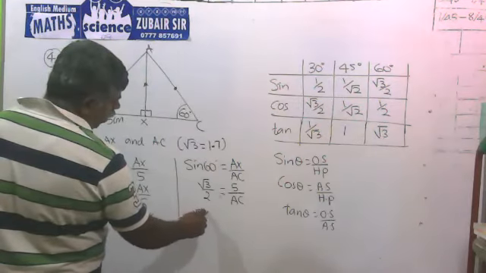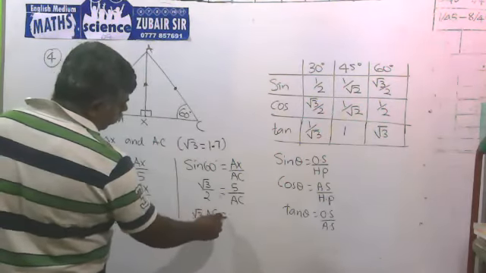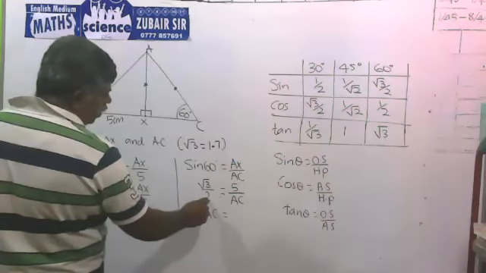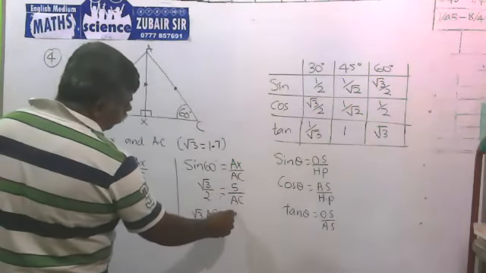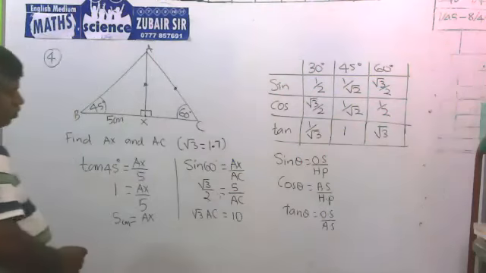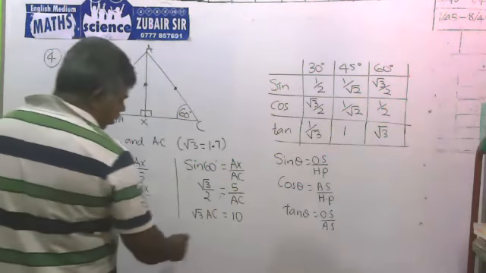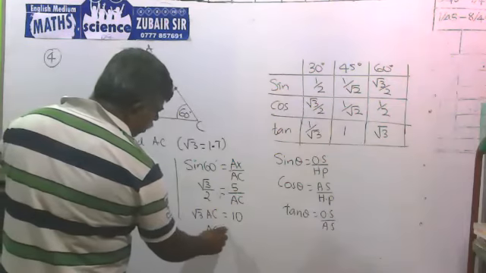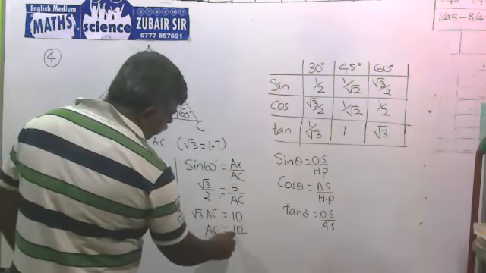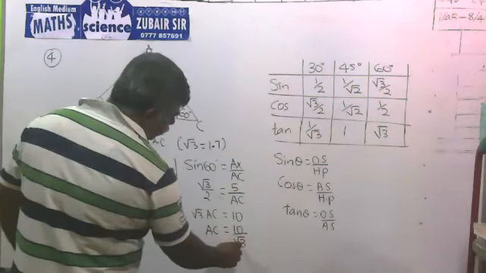So root 3 AC equals, when you multiply that way, 2 into 5, 10. So root 3 AC equal 10. Then what is AC? AC is equal 10 over root 3.